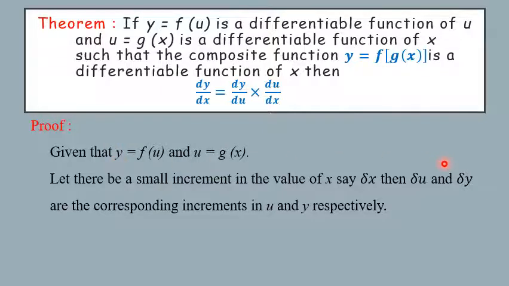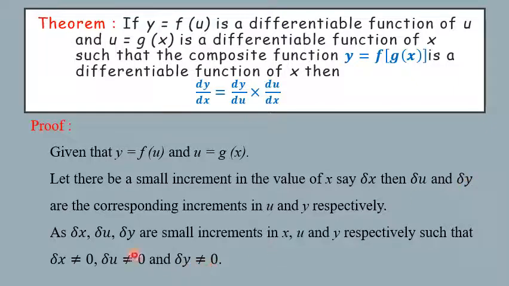So delta u and delta y are the corresponding increments in u and y respectively. All these delta x, delta u, delta y are interdependent. That is, delta x, delta u, delta y are small increments in x, u and y respectively, such that if delta x is not equal to 0, then delta u is also not equal to 0, and delta y is also not equal to 0.